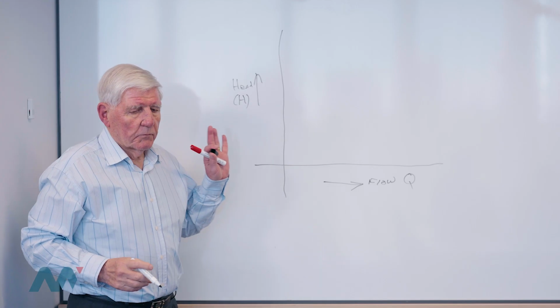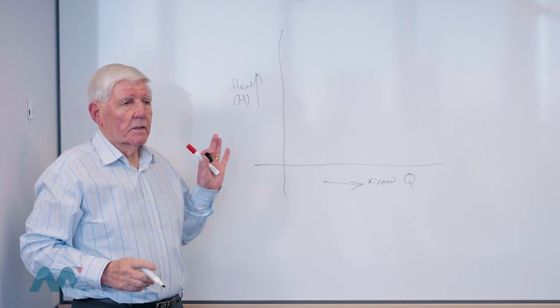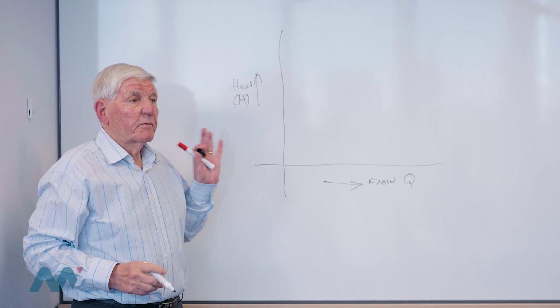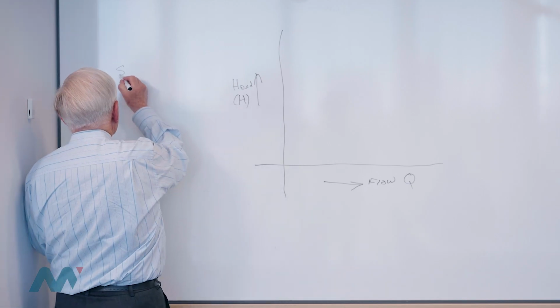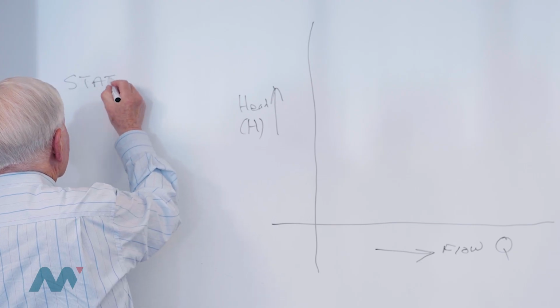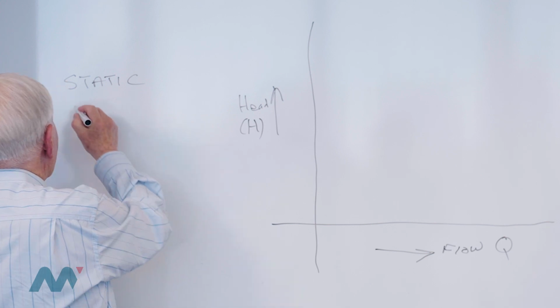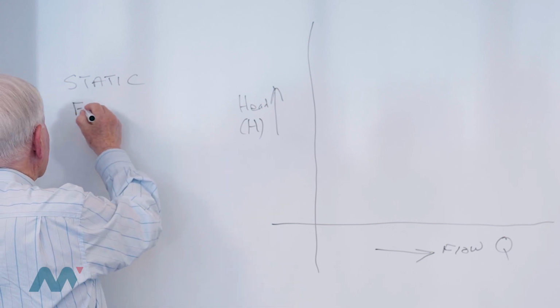And the system resistance curve is made up of two basic components. There's going to be a static head component. Can you see that? And there's going to be a friction component.